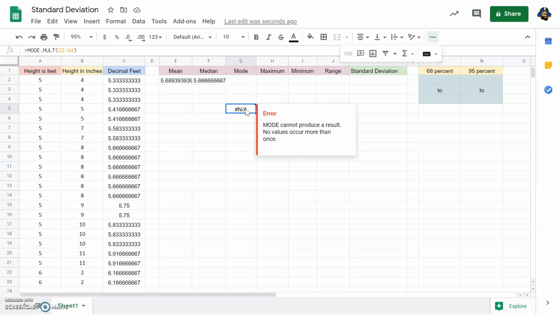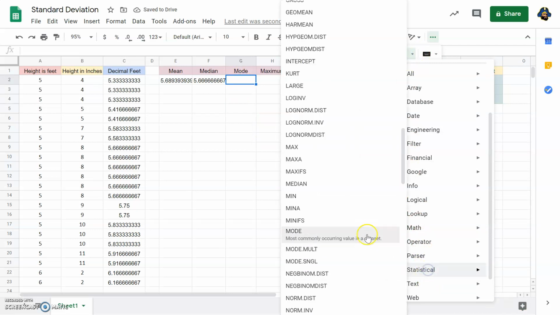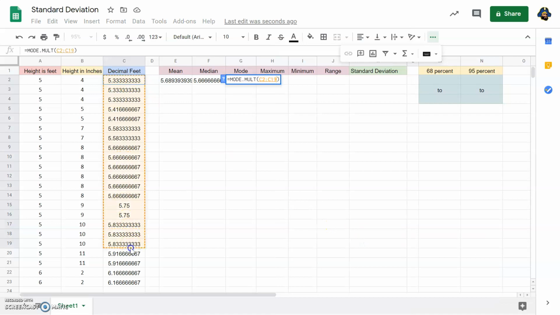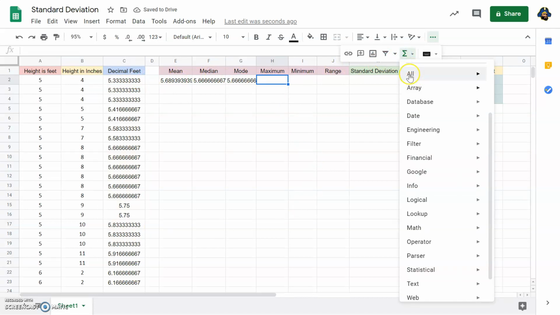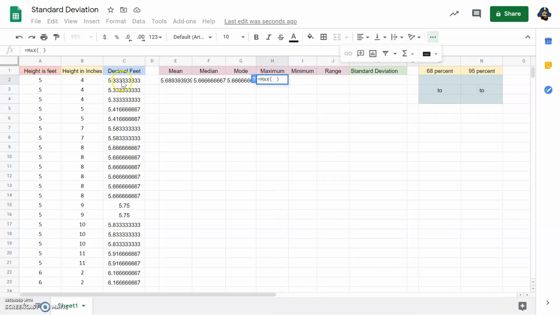Let's do that one more time. Here we go. Maximum, 6.16 feet.